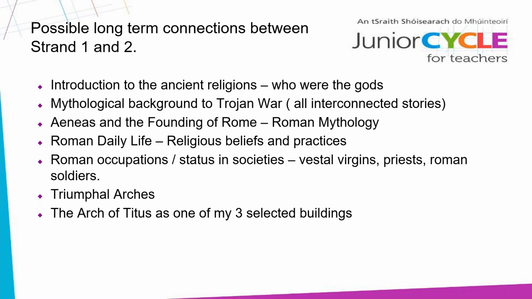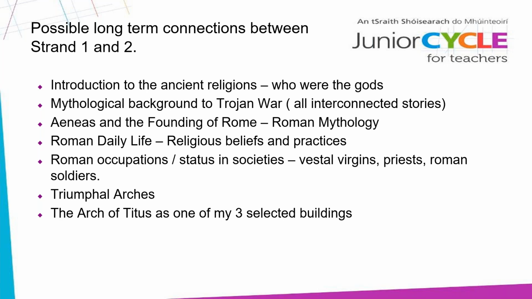In this case, my possible long-term connections between Strand 1 and Strand 2 were an introduction to the ancient religions, so who were the gods, the mythological background to the Trojan War and all of those interconnected stories, maybe a little bit on the Trojan War itself, and then looking at Aeneas and the wanderings before his founding of Rome, and a little bit of background to Roman mythology and an introduction of the Roman gods.